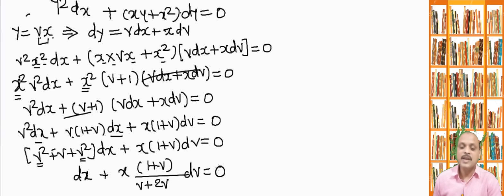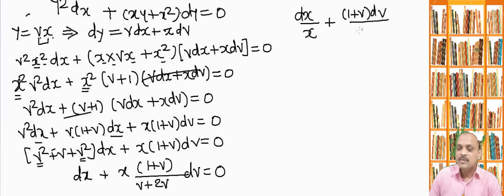Again dividing by x, this x will get cancelled and appear here. Okay, right? Now I write here dx divided by x plus 1 plus v into dv divided by v plus 2v square. Here v square remains, I have written only v2.